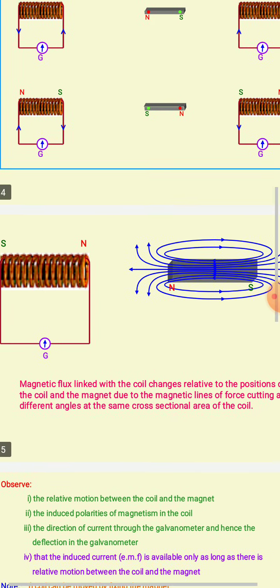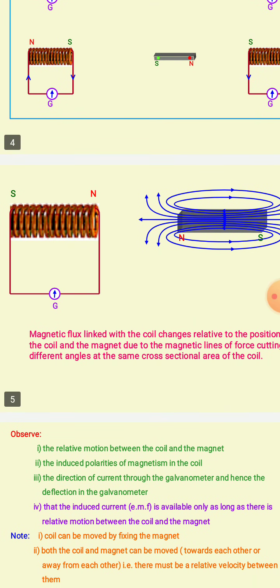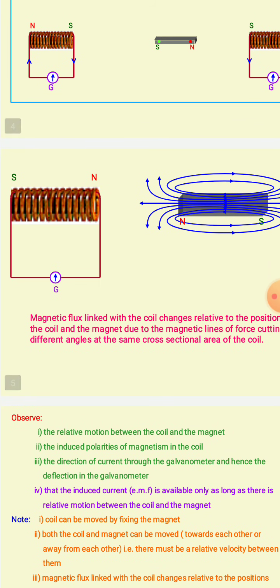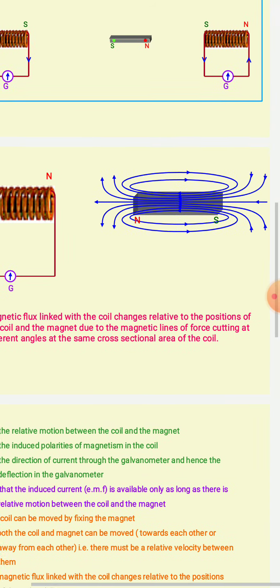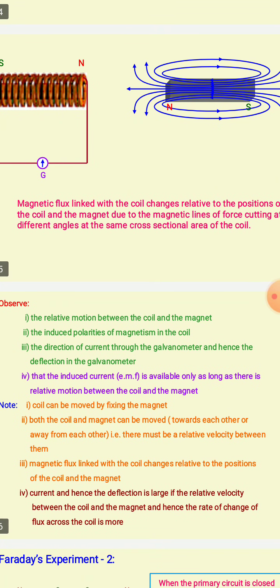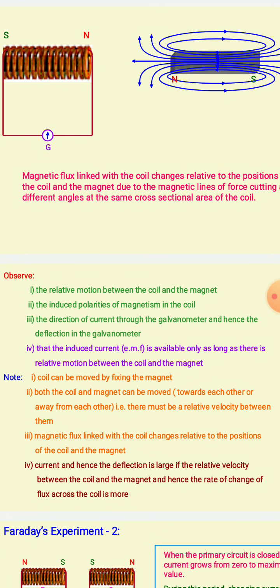By moving the magnet towards the coil, the number of magnetic field lines crossing the coil changes. That means the magnetic flux changes, and hence due to the change in magnetic flux, a current is induced in the coil.